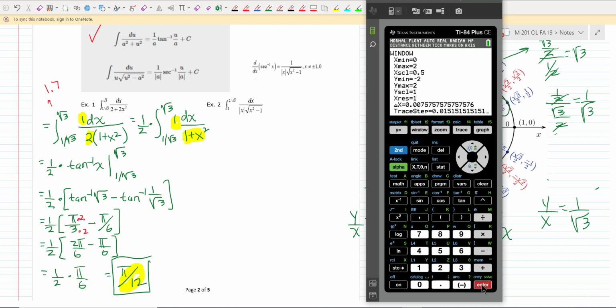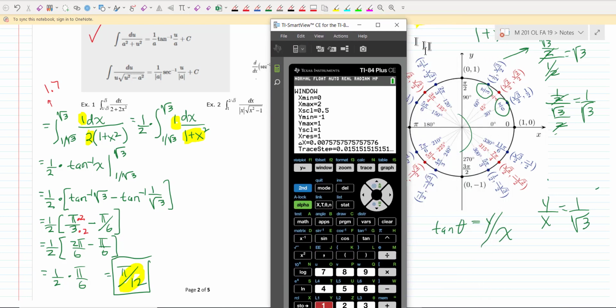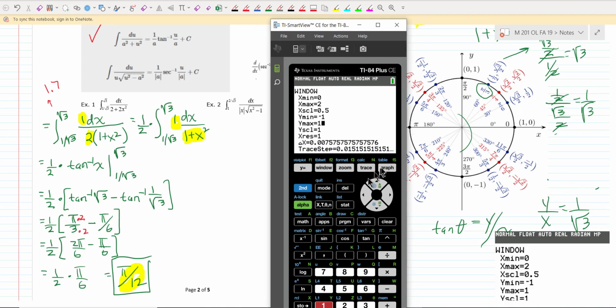I'm going to go -2 to 2 and graph this and see if that looks like a good curve. Actually, it'll even look better if I go -1 to 1 like that. That would be an excellent window to use on this. I'll slide these things over just to have a record of this. So now I graph this.